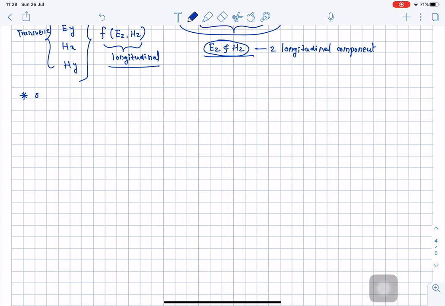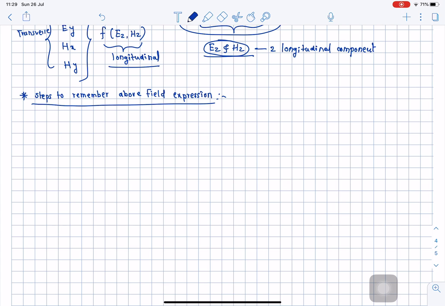I will write here: steps to remember the above field equations. You need not learn them by heart, because you need to understand them in a proper sequence. So what is the first step?